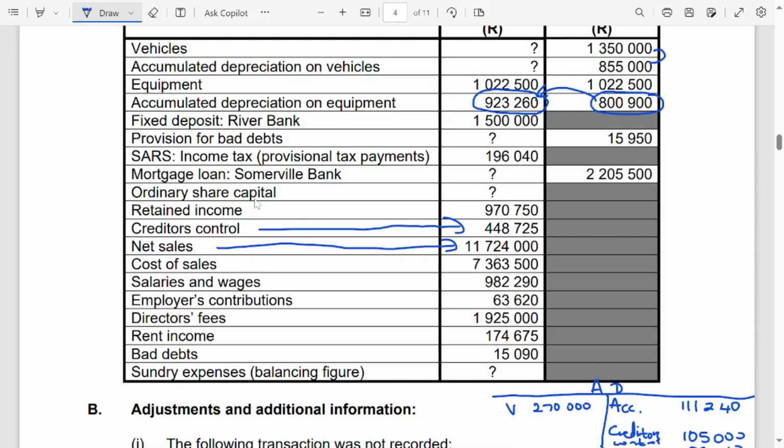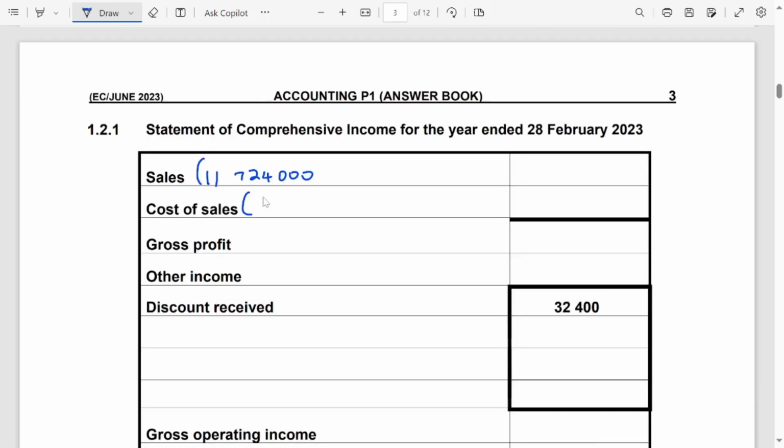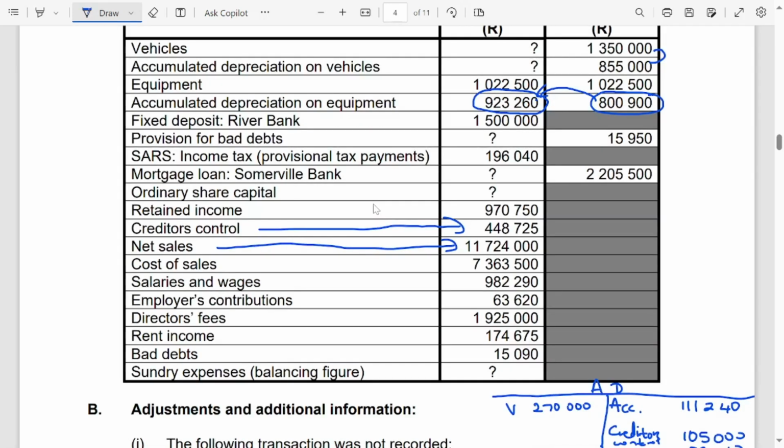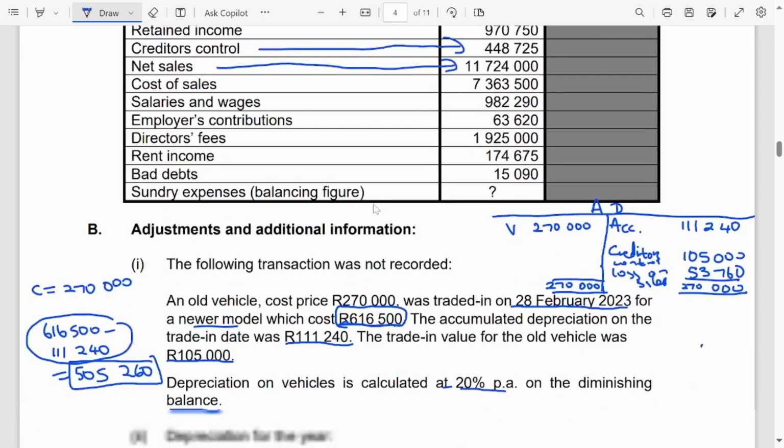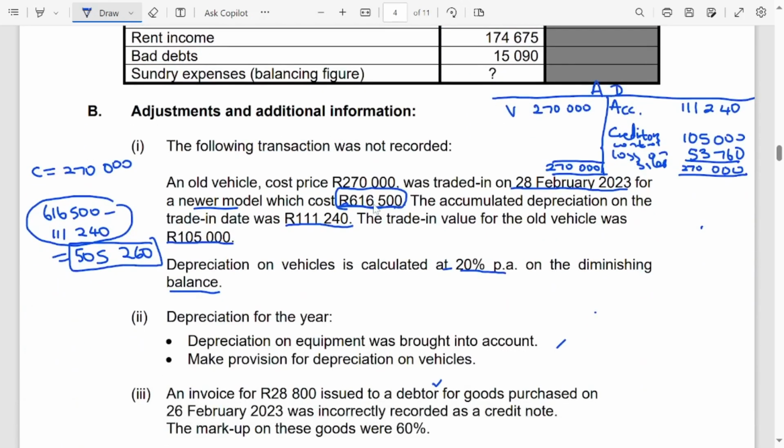Cost of sales, 7,363,500. So let's come back here.